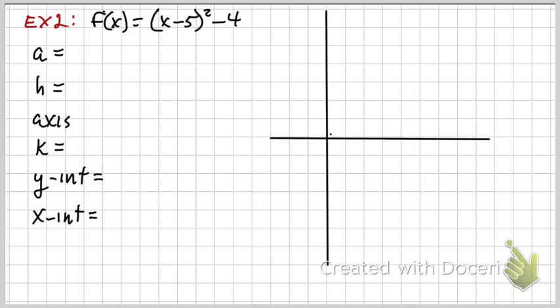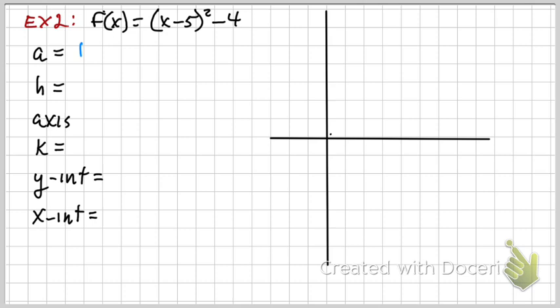So we got x minus 5 squared minus 4. So this is in the vertex form, vertex formula form. That makes it a lot easier. So what's A? Once again, it's 1.